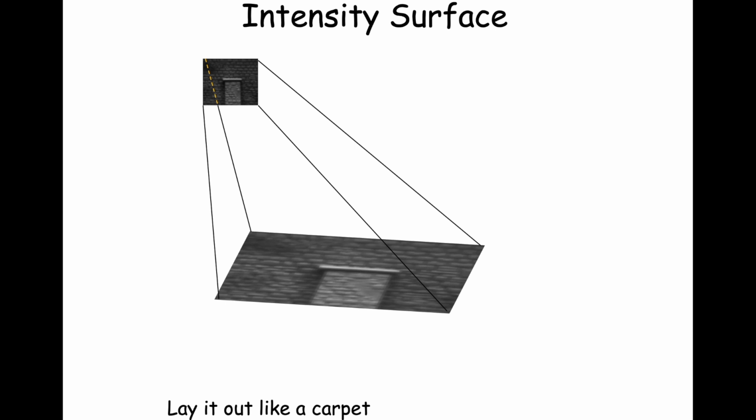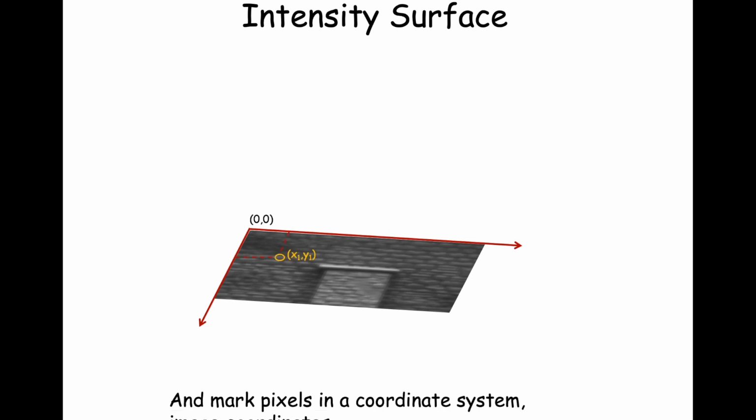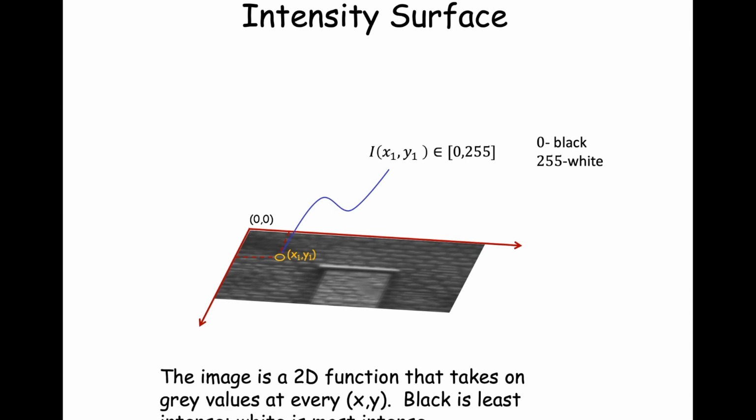You take your grayscale image and lay it down like a carpet, and we impose a set of axes that allow us to describe the location of a pixel in image coordinates. Here we have a pixel at x1, y1 in image coordinates.